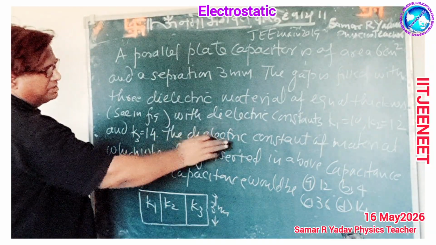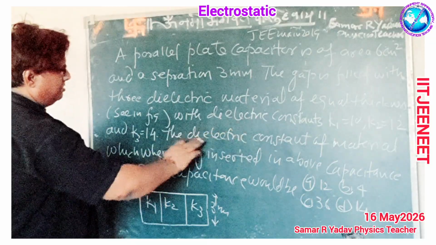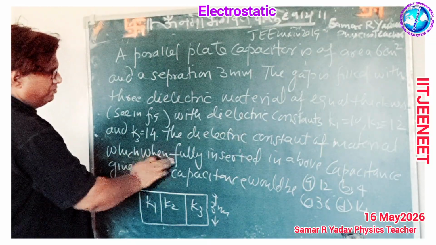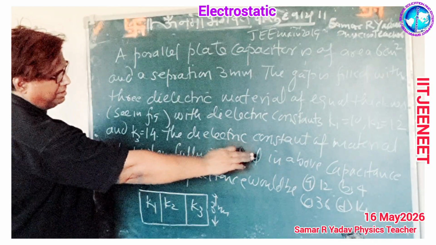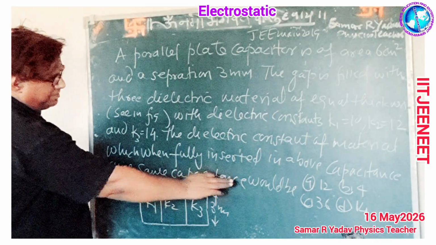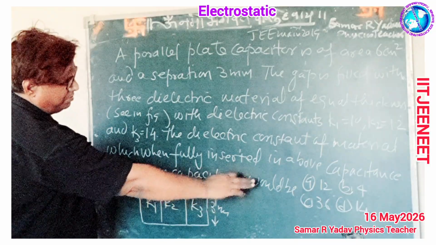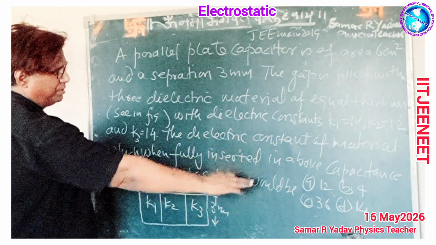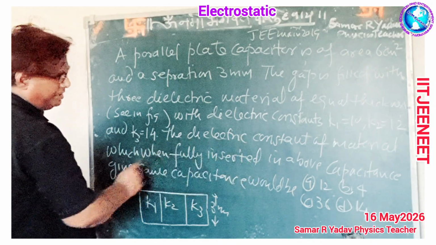The dielectric constant of the material which when fully inserted in the above capacitor gives the same capacitance would be dash. There are 4 options given: A 12, B 4, C 36 and D 14.